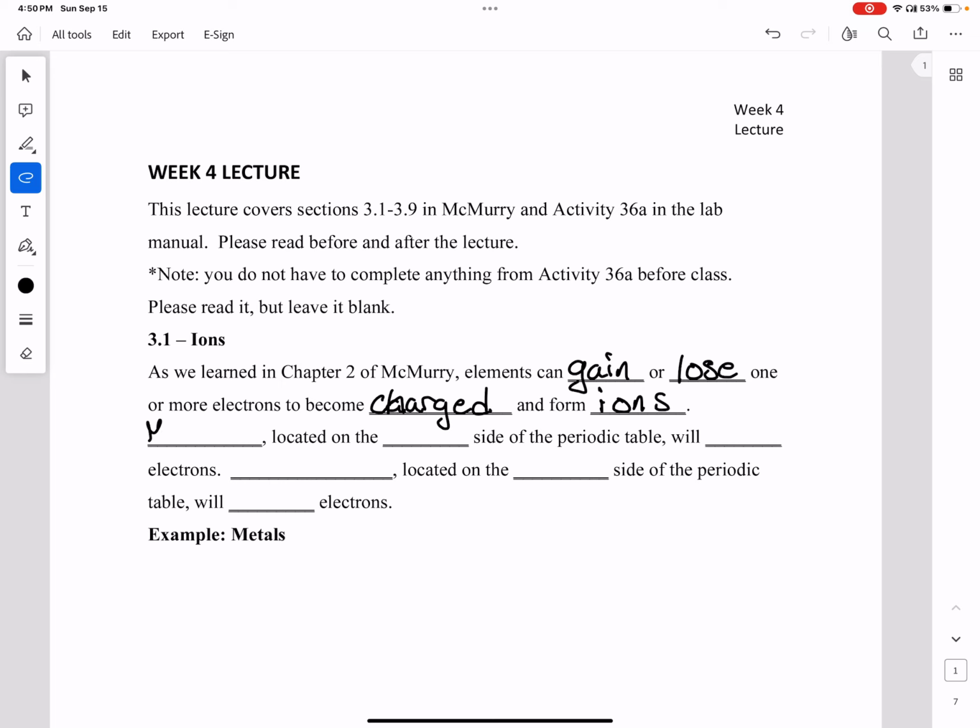So metals, located on the left of the periodic table, tend to lose electrons, and those will become positively charged. And so nonmetals on the right of the periodic table tend to gain electrons.